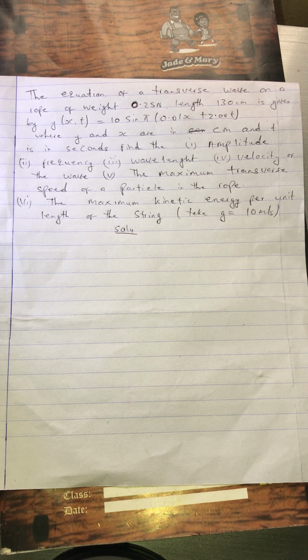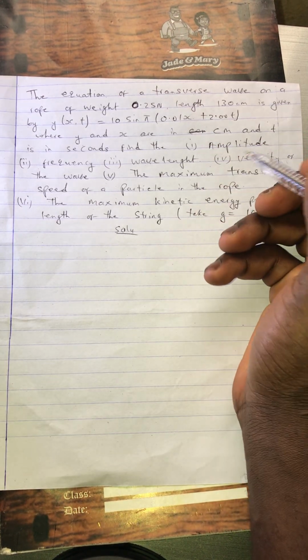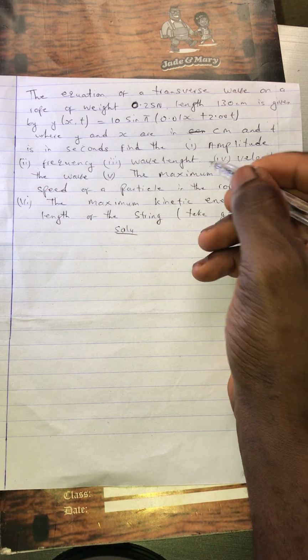Find the amplitude, the frequency, the wavelength, the velocity of the wave, the maximum transverse speed of a particle in a rope, the maximum kinetic energy per unit length of the strings. Take g equals 10 meters per second.